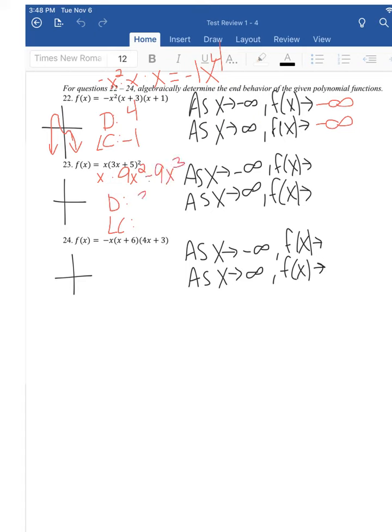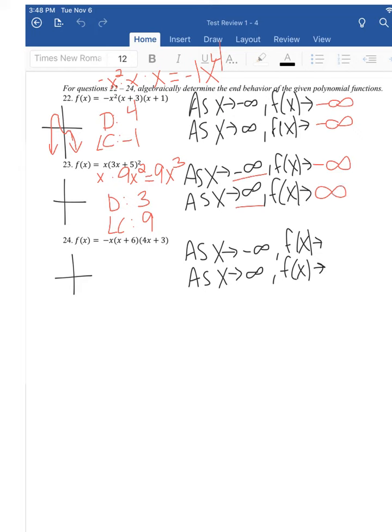So my degree is a 3 and my leading coefficient's a 9. So because my degree is 3, I'm going to go in opposite directions, meaning that one's going to go to positive and one's going to go to negative infinity. And because my leading coefficient is a positive 9, it's actually going to match where it's coming from. So negative infinity, positive infinity.